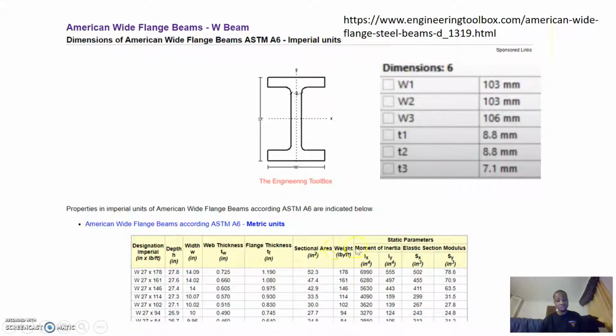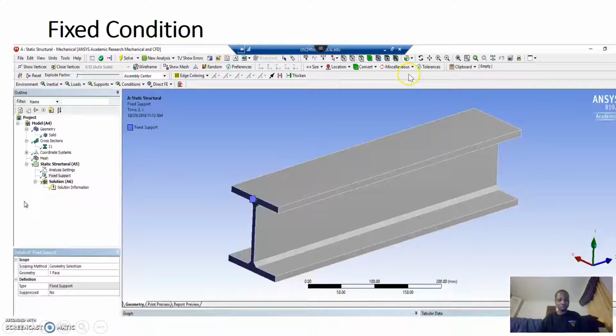You need to know the values that you are going to use, like the moment of inertia, elastic section modulus, the weight, the sectional area, thickness, and some other things like that. We need to take those parameters into consideration when we are designing. So these are the parameters that I'm going to use with respect to the shape of my I-beam, and I got this information from this website right here, the American wide flange beam.